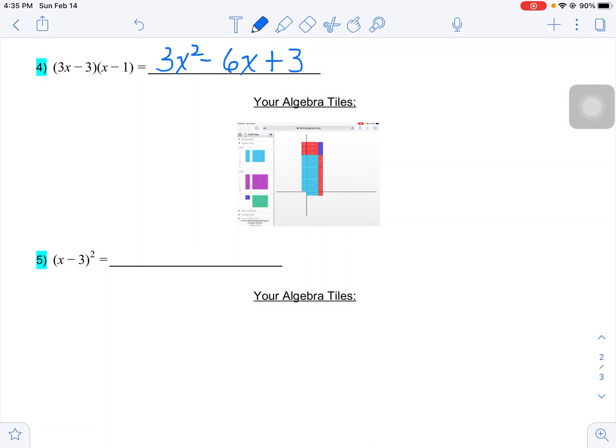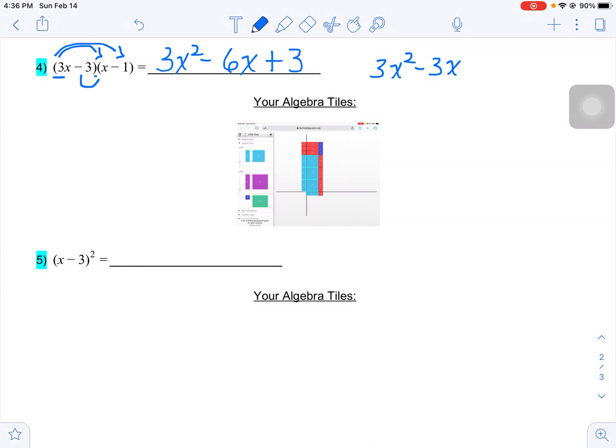So we'll check it out using our algebra. So 3x times x is 3x squared, and 3x times negative 1 is negative 3x. So that's this first term times each term in the second binomial.